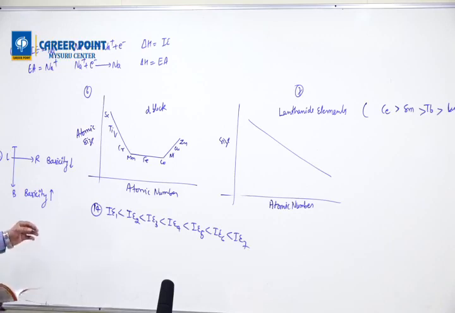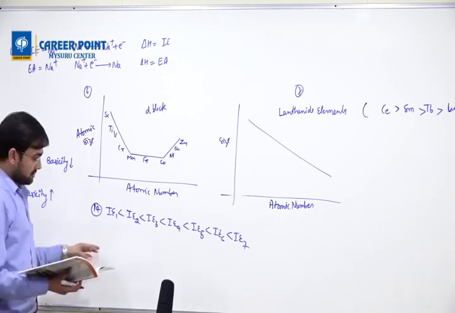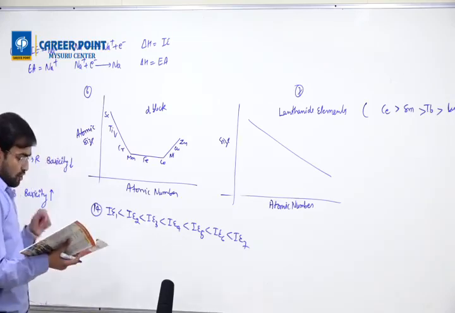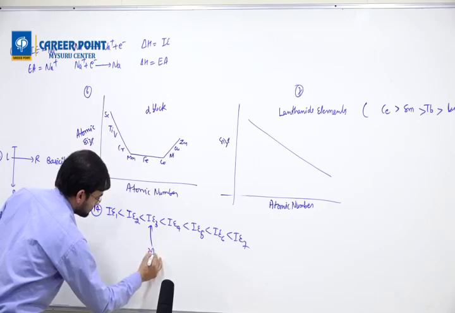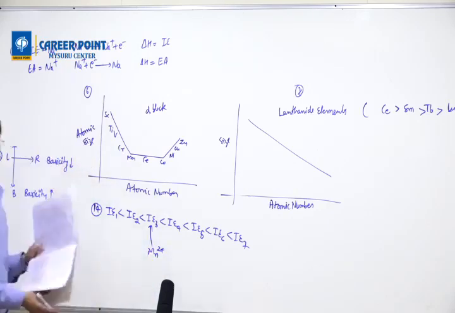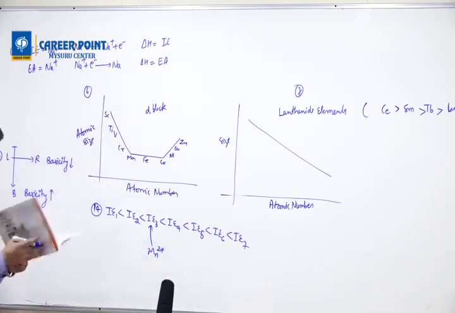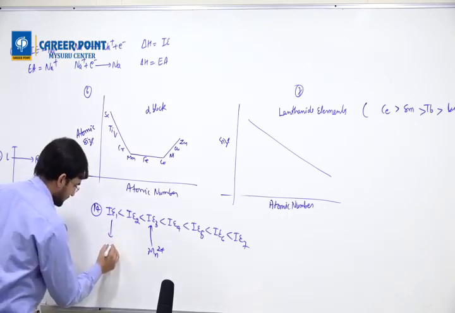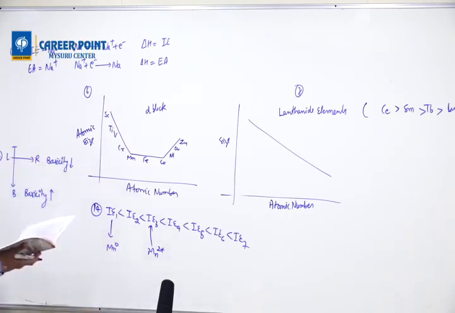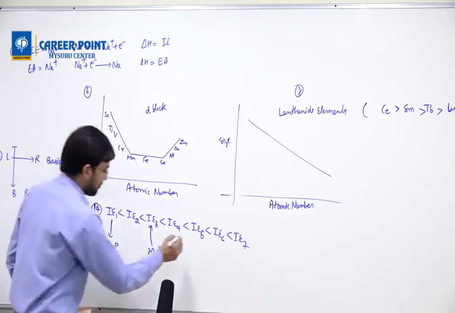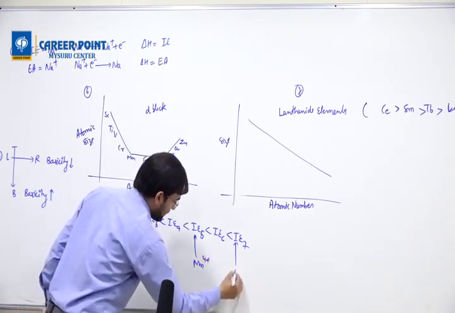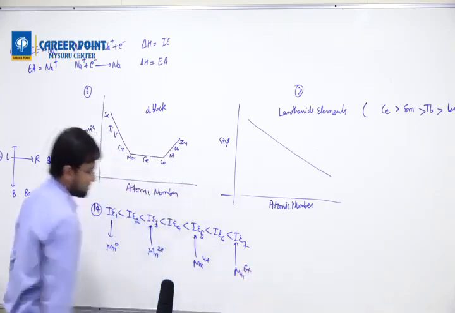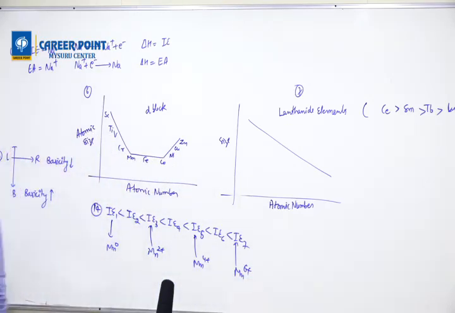It will be shown by the species Mn2 plus, because you will remove the third electron from Mn2 plus. Then Mn4 plus, and there it is Mn6 plus. So which has the maximum? Mn6 plus.